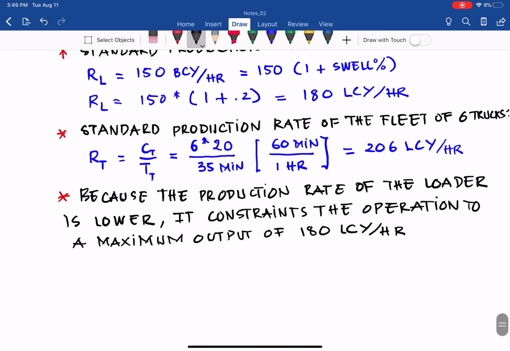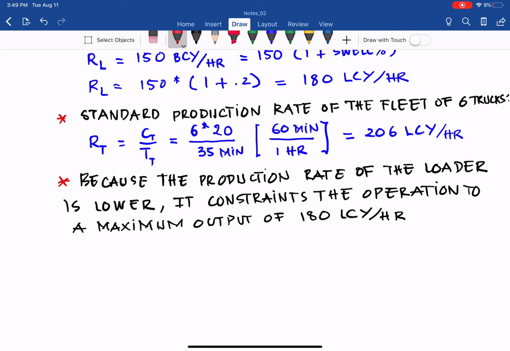We need to know what is the quantity of the job, then we can find out the time. So we have the job volume that was given to us already. We need to change the unit, 50,000 CCY, cubic yard, compacted cubic yard.